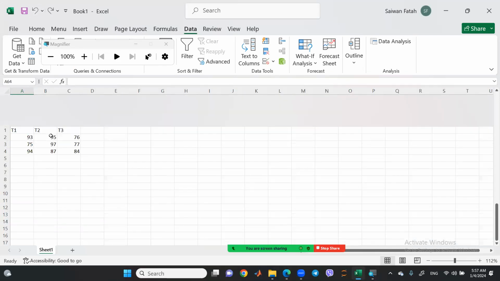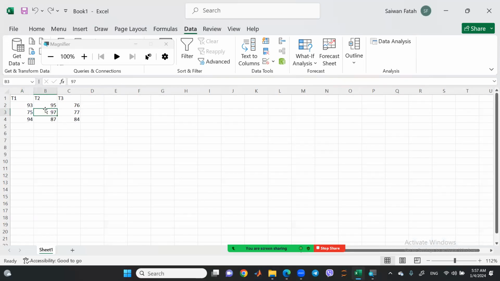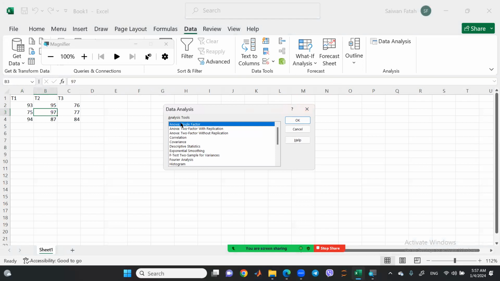Oh, we lost the data, I think. No, that's it. We now have the data. As I said, we just click on Data Analysis, then the first one, which is ANOVA Single Factor.